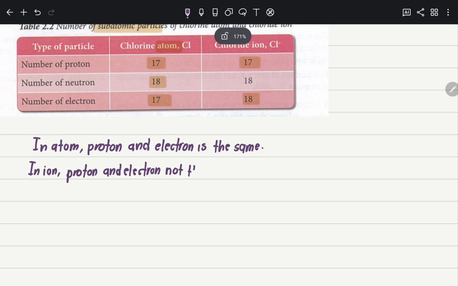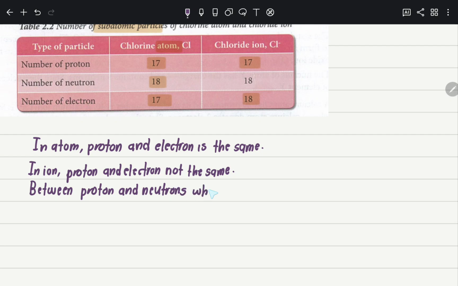So you can say between proton and neutron, whether atom or ion, they will remain the same.